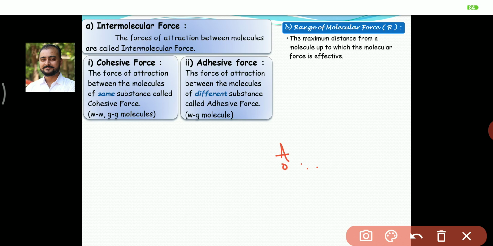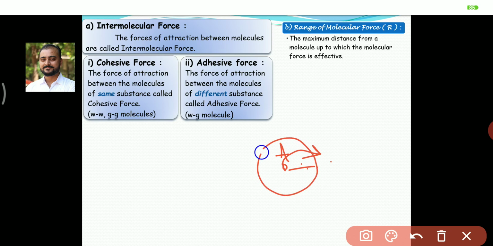But beyond this distance, at this point, it is not possible for molecule A to exert the force of attraction on the neighboring molecule. So there is a particular distance, a maximum distance from the molecule, up to which it can exert the force of attraction, or in simple words, up to which the molecular force is effective.